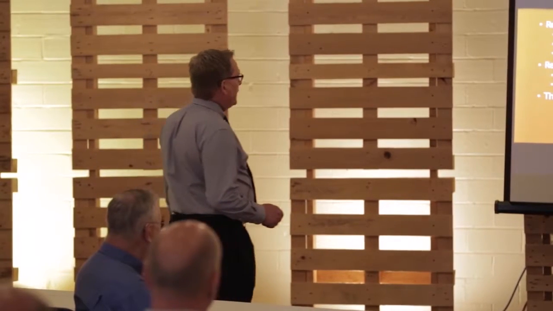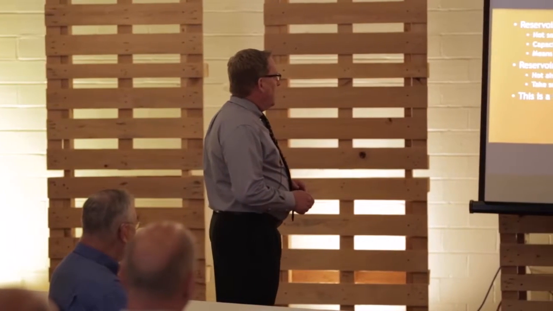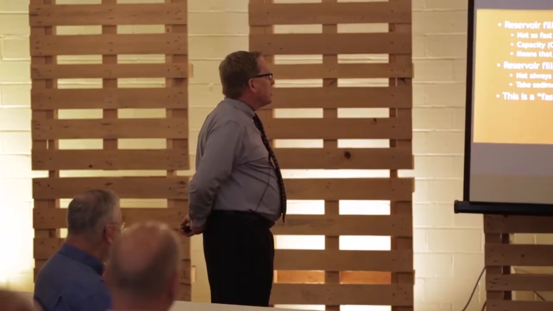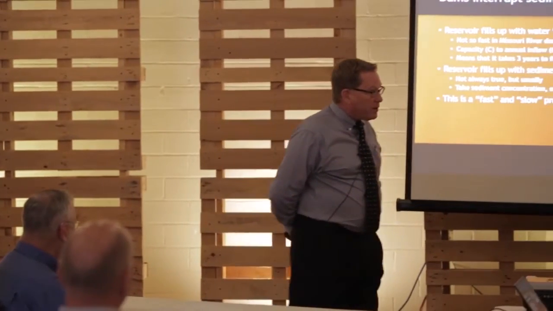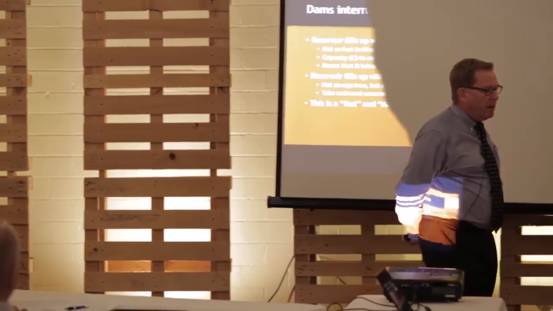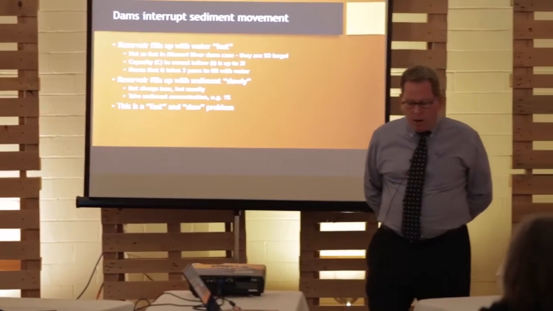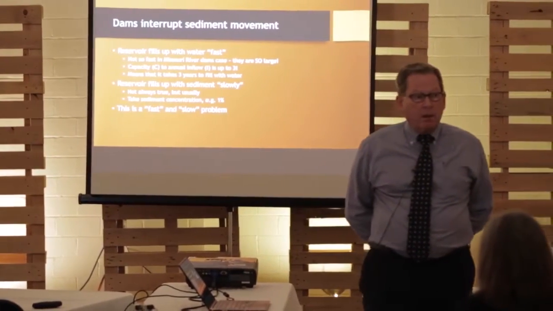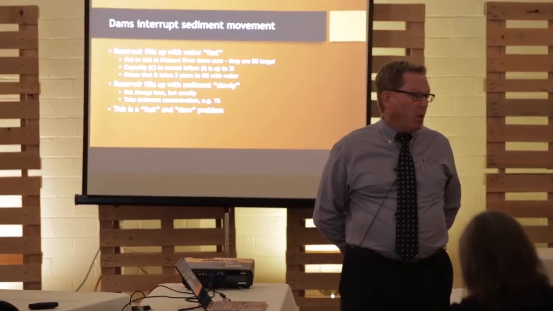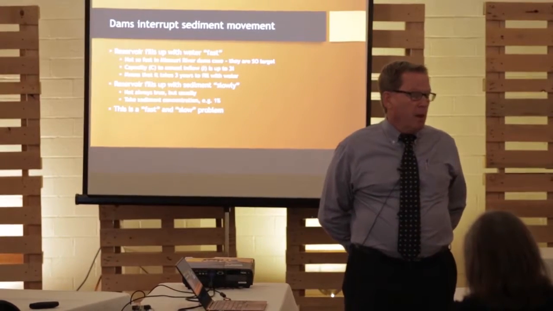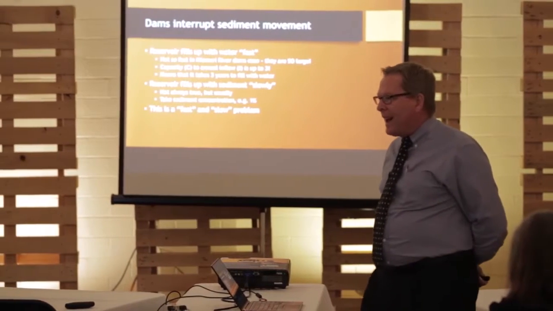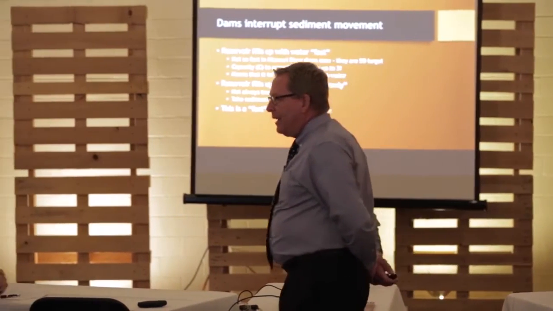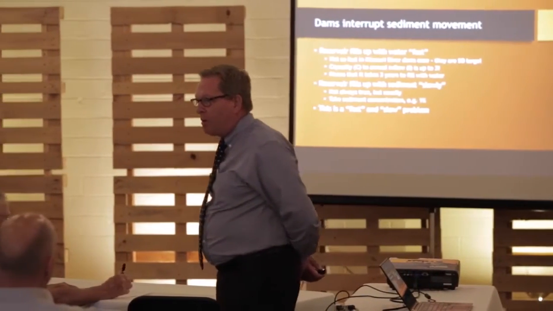Now, if water fills a reservoir quickly, sediment fills a reservoir slowly. That's not always true, but usually. For example, if our sediment concentration in the water is 1%, well, there you go. You got 100 times more water than sediment. So what we have here, and academics like to describe this, is a slow and fast problem.